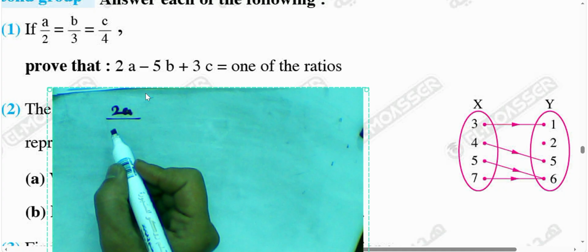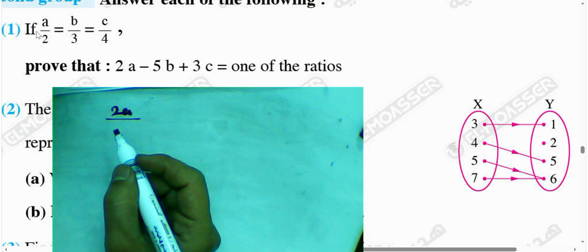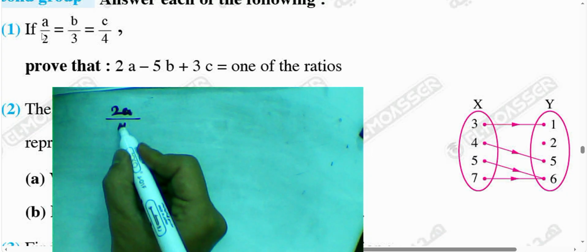This example here: a over 1 equals b over 2 equals c over 3 equals t over 4. We can put the constant k. And with this relation, he gives me or proves that 2a minus 5b plus 3c equals 1 with the ratio. Look at here, he gives me 2a. 2 times a, I will multiply by 2 here: 2 times 2 is 4.